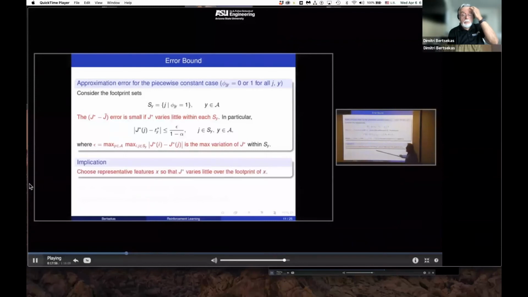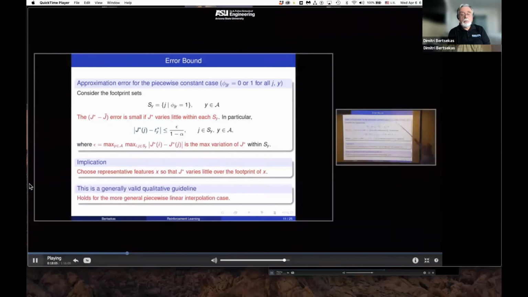So the implication here is that you ought to choose representative features so that J star varies little over the footprint of X. And this is true for this piecewise constant case, but it's generally true in the aggregation schemes. Roughly true, although it's hard to write a precise result.